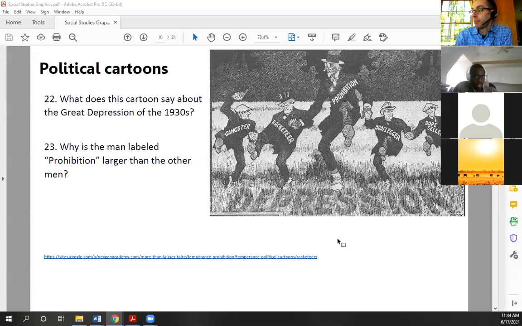Gangsters, prohibition, bootlegger, dope seller, they're taking advantage of society and making money off of it in illegal and maybe violent ways. Okay, so political cartoons, you got to think what is being represented, right? This isn't just five guys dancing. It's those groups of people being happy, right? That's what's being shown to us, what's being represented.